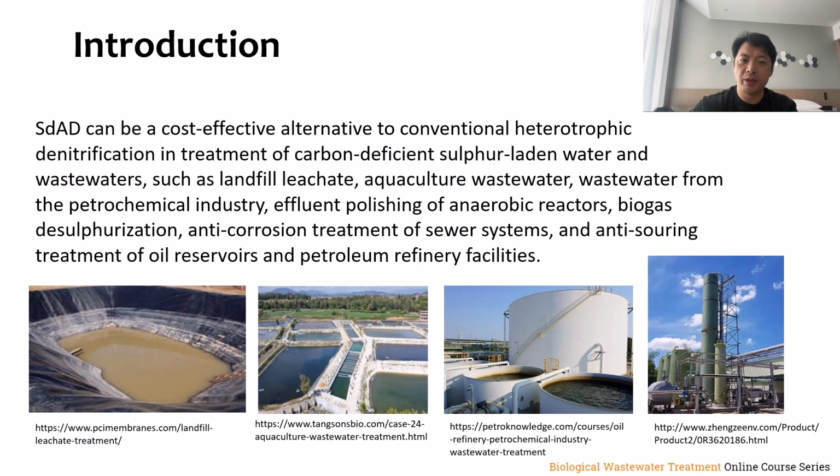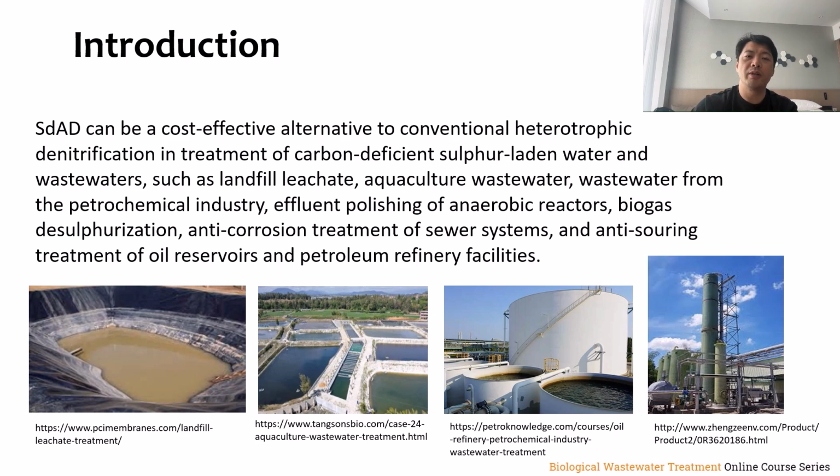In aquaculture systems, managing the nitrogen cycle is crucial. Sulfur denitrification offers a robust solution to remove nitrates effectively, ensuring the health of aquatic life and the sustainability of the aquaculture environment.